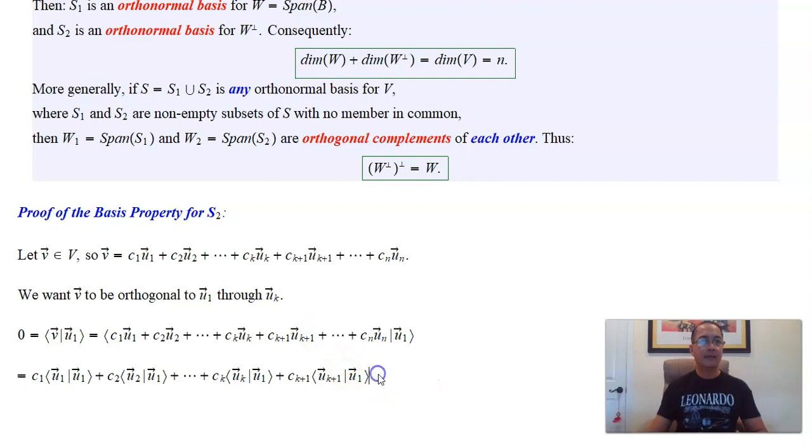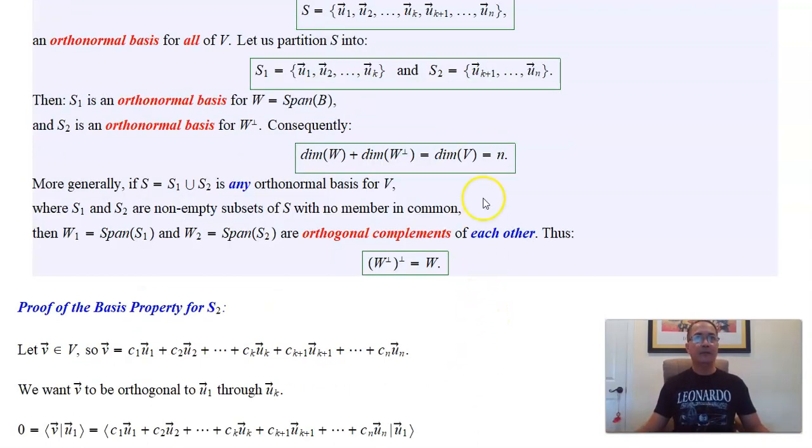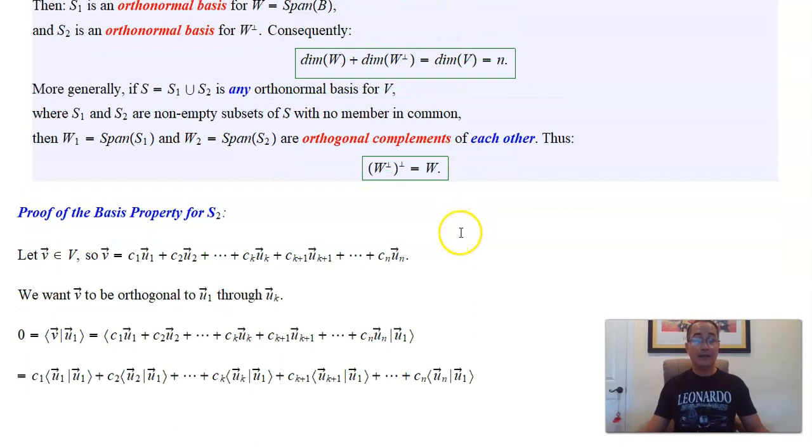And finally, up to UN, up to CN. Why don't I just take everything away except u? Okay, there we go. But what do we know? All of these u's are orthogonal to each other, and they're unit vectors.